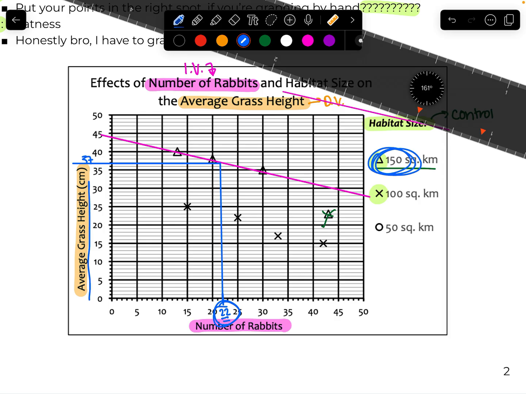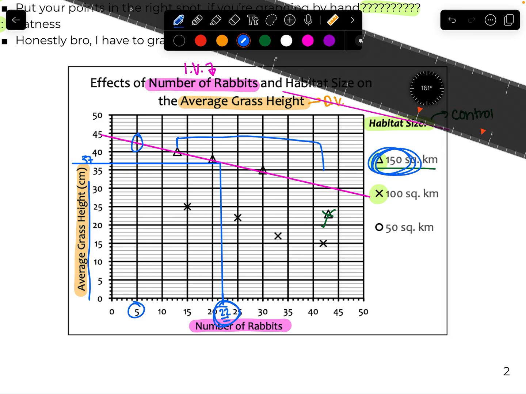Extrapolation would be the exact same process. The only difference is now you're making a guess that's outside of your range. So if I wanted to make a guess about the average grass height in this habitat with 5 rabbits, I'm now outside my data range because this is where I collected my data. The other option, if you needed to make a new trend line, you can totally do that.